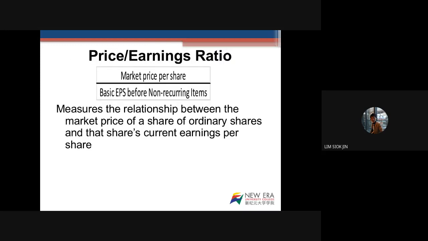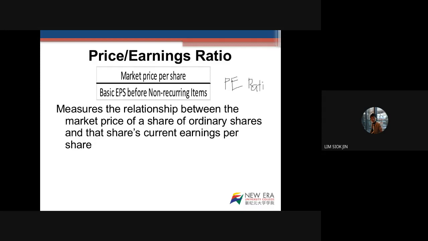Okay. So the next formula to find is the price over earnings ratio. In short form, we call it the PE ratio. I'll write that down. PE ratio.